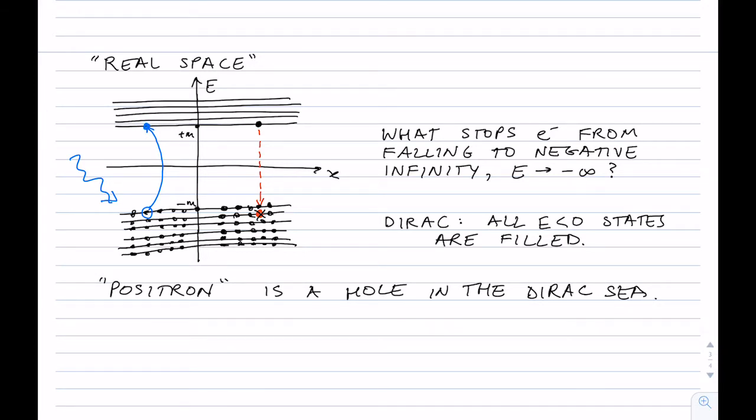This is kind of like making an excitation in a semiconductor, right? So you've got a hole that's left behind where an electron was. It has all of the properties of an electron, but because it's a hole, it's got the opposite charge. And so it will look like an electron, but with a positive charge.